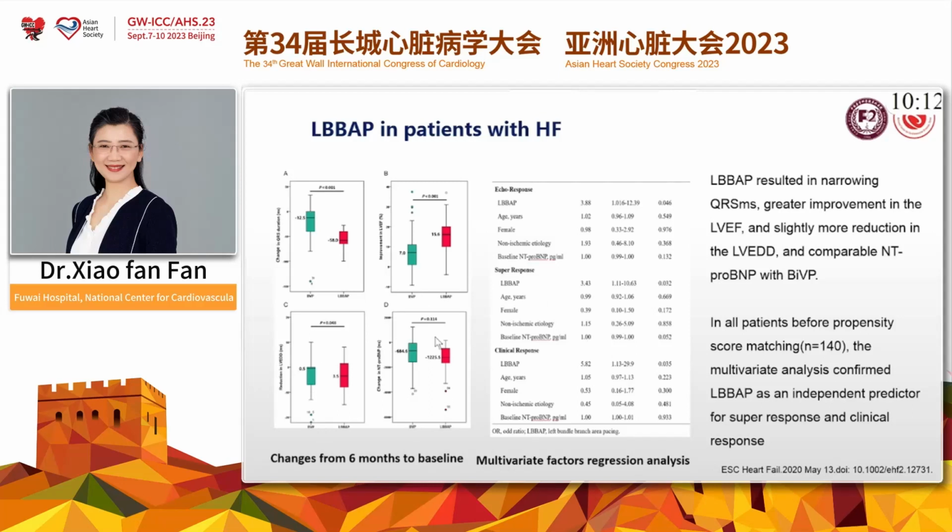Here are the changes from baseline to 6 months between the two groups. And we also used multivariate regression analysis to show that LBBAP was an independent predictor for super response and clinical response.